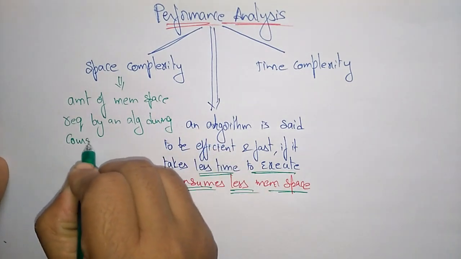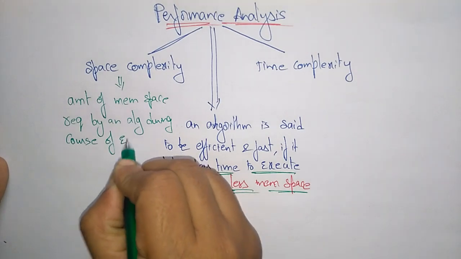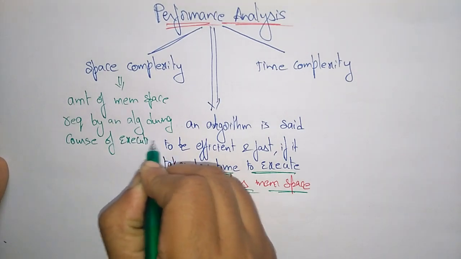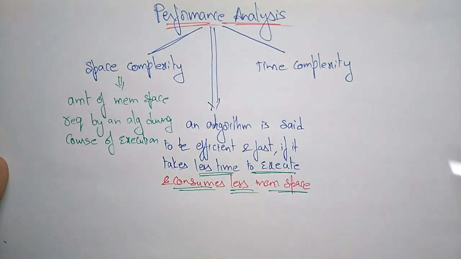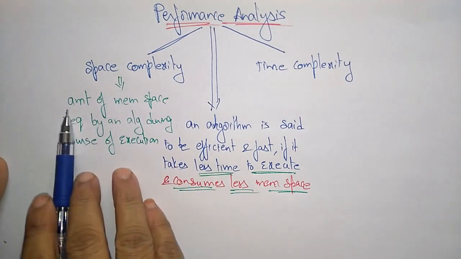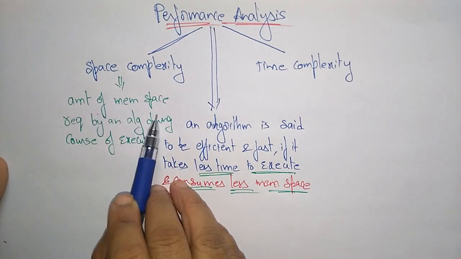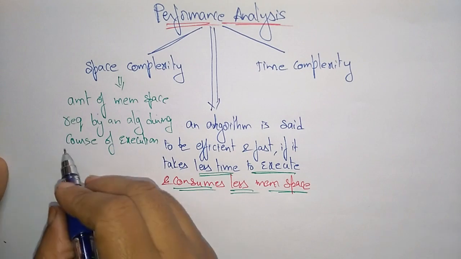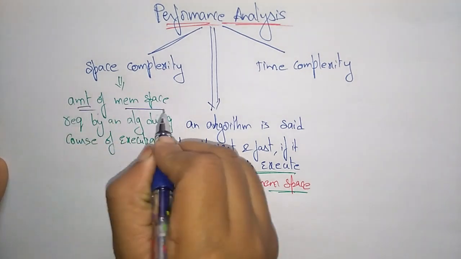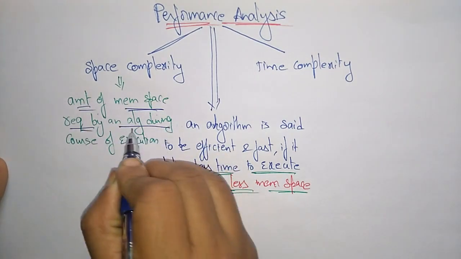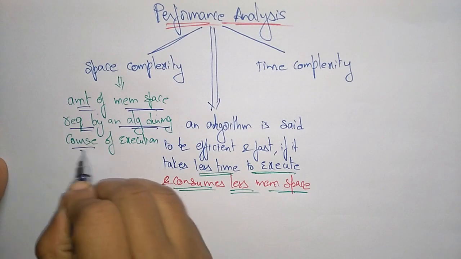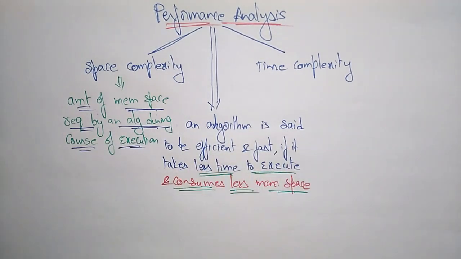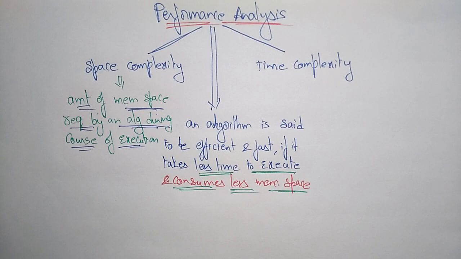So the space complexity is nothing but the amount of memory space required by an algorithm during the course of execution. To execute one particular algorithm, the space complexity calculates the amount of memory that is used to execute the algorithm.